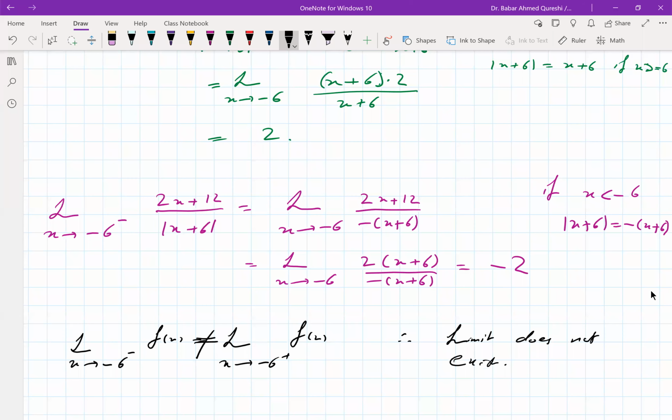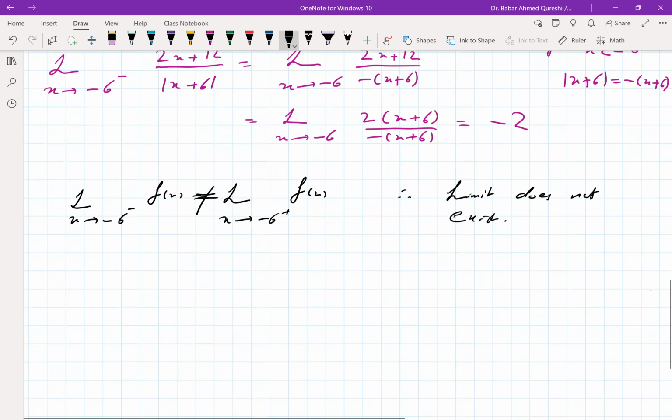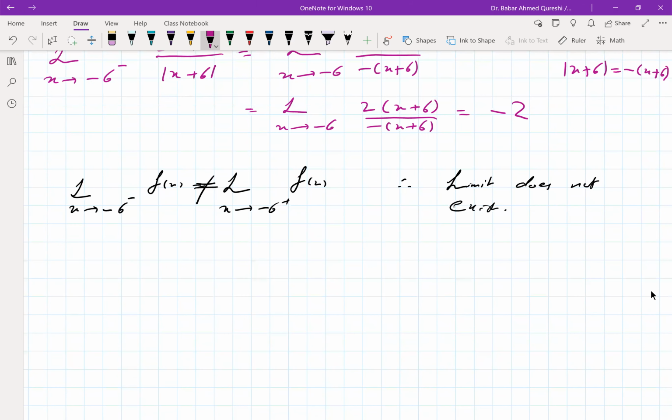Now, let's take another example. So suppose the function is this. And we want to find right hand and left hand limit.